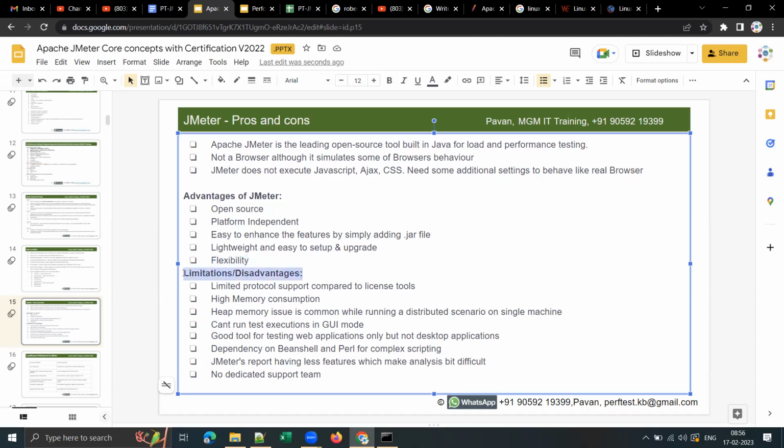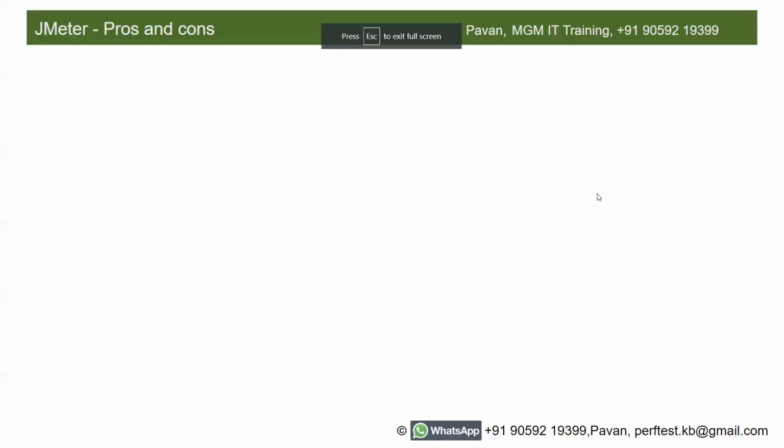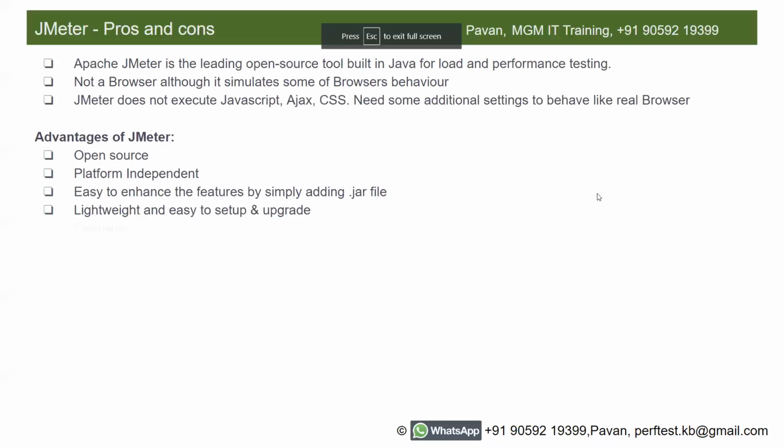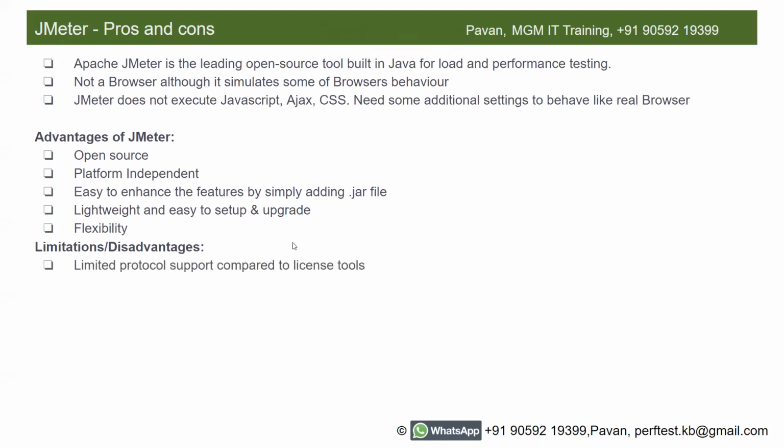And now let us discuss the limitations or disadvantages of JMeter. First thing is it supports hardly 10 to 15 protocols. Limited protocol support compared to licensed tools. When we compare to licensed tools like LoadRunner or NeoLoad, JMeter supports limited protocols.